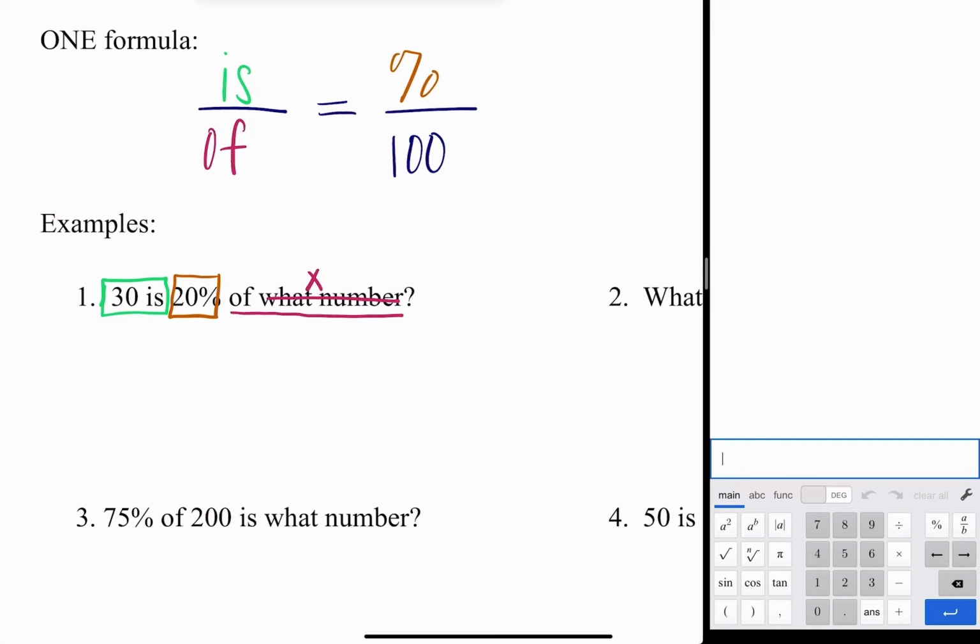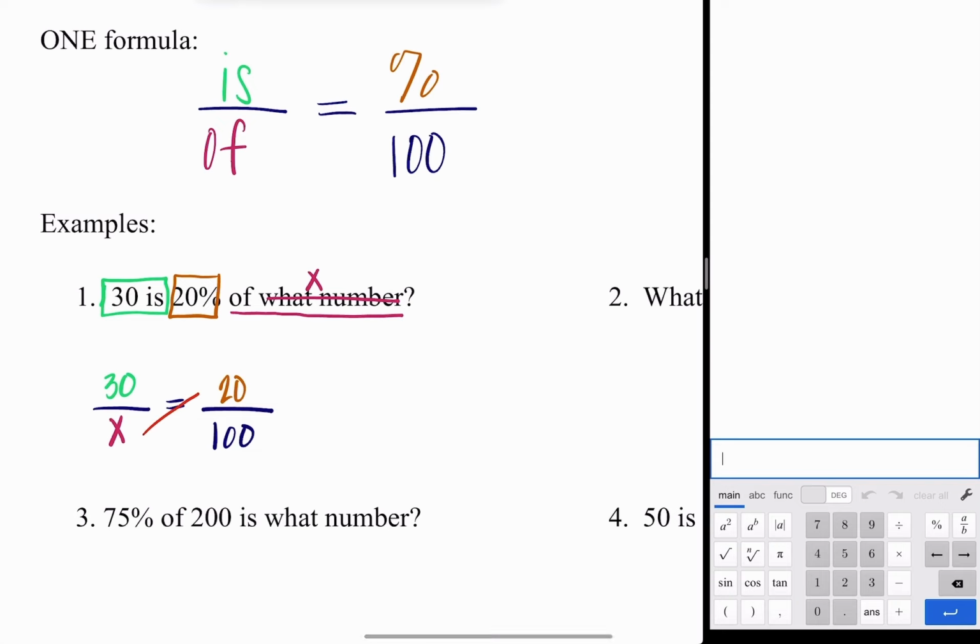So if I set this up in my formula, is over of equals percent over 100. You fill in the pieces for your proportion and you go from there.